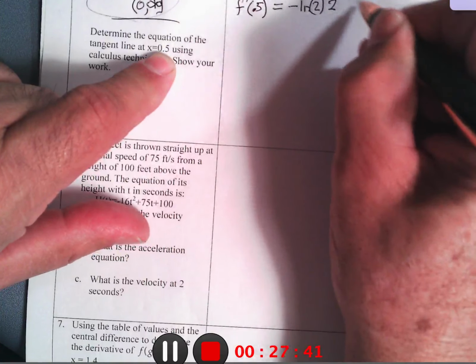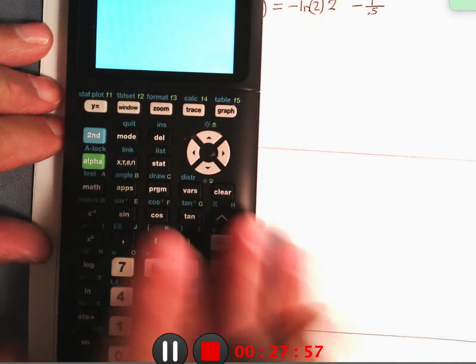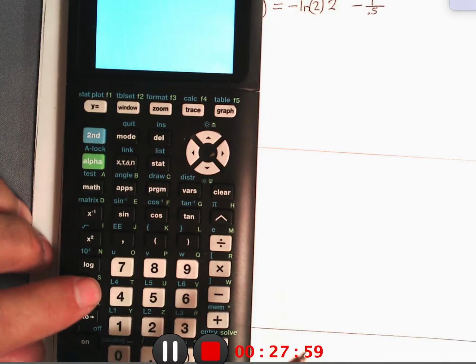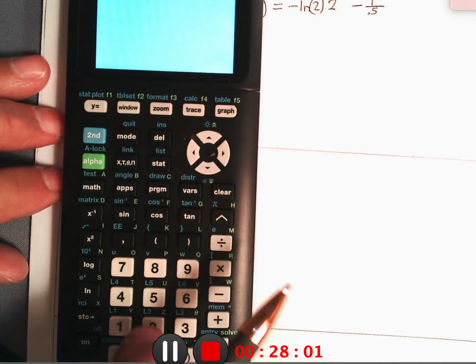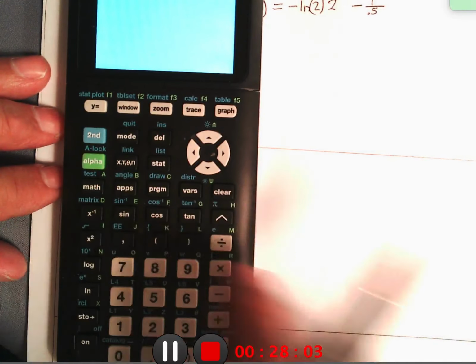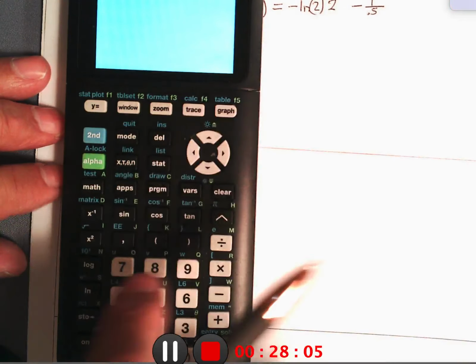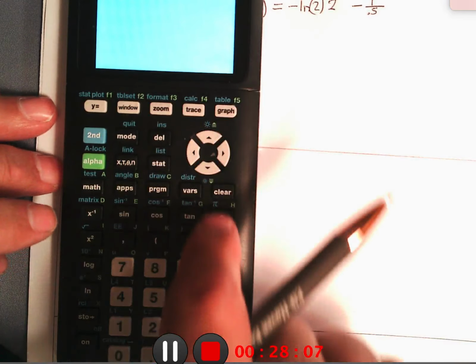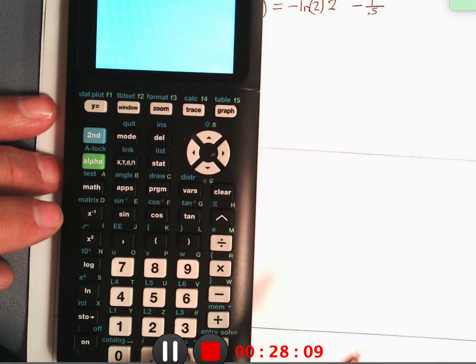So I've got to do negative ln of 2, close parenthesis, times 2 to the negative 0.5, come down.